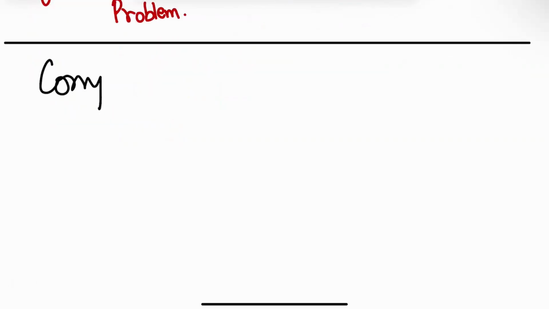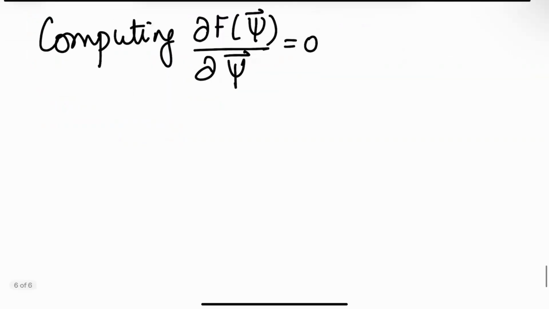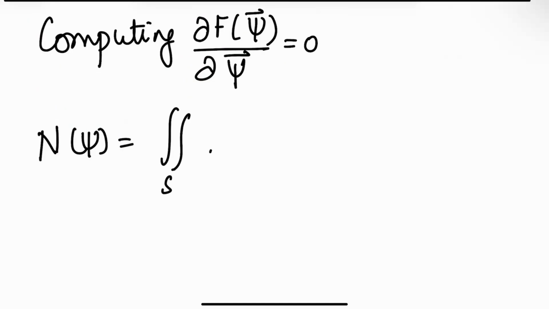So computing dF of psi over d psi, that's what we want to establish, where psi now is a vector. We know F of psi, which is the functional, has a numerator and a denominator. So we'll do them separately.